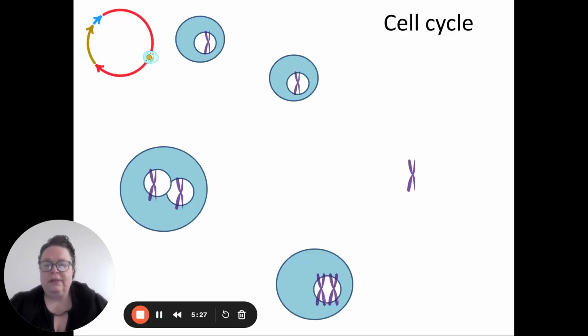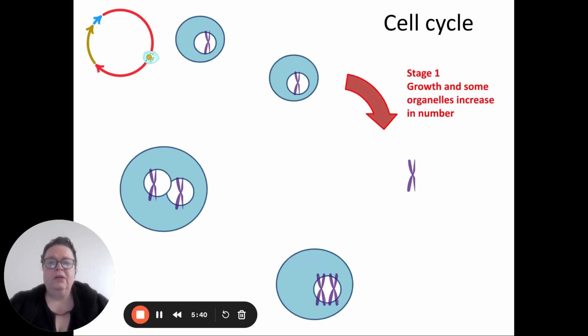So let's have a look at the cell cycle. So just like animals have a cycle, a life cycle, cells have a cycle too. And they will start as one cell. So this cell here is our original cell.